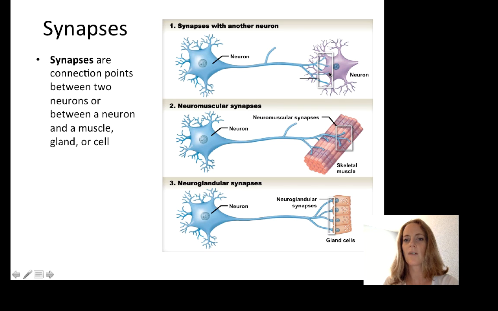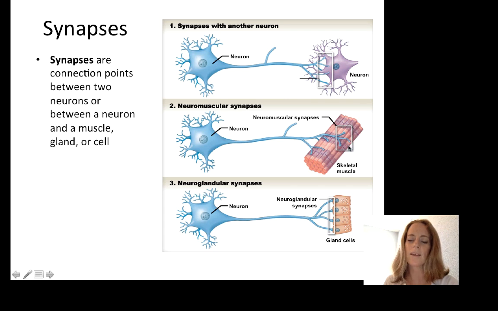In the case of a neuromuscular synapse or a neuromuscular junction, this is a neuron where the action potential travels down the axon, and at the end of the axon terminal, they will synapse with skeletal muscle cells. They will then send input to the skeletal muscle cell so that the muscle knows to contract.